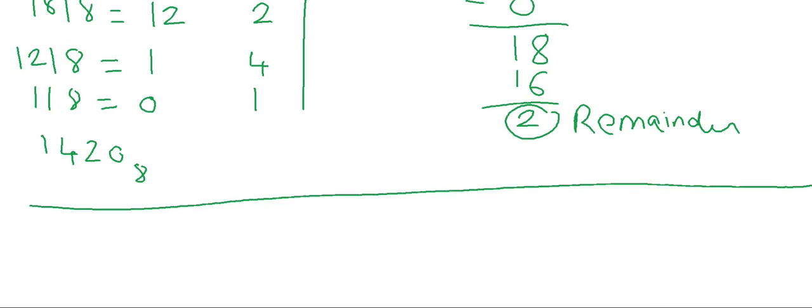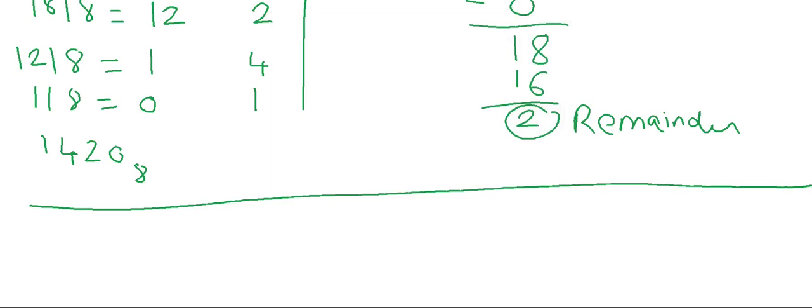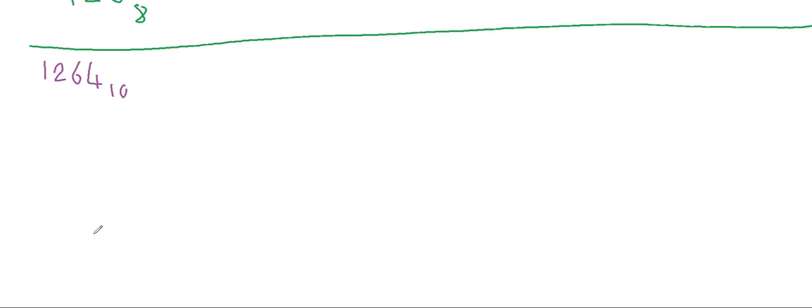Now let's take another example. We are given a decimal 1264, base 10, and we need to convert this to the octal representation.